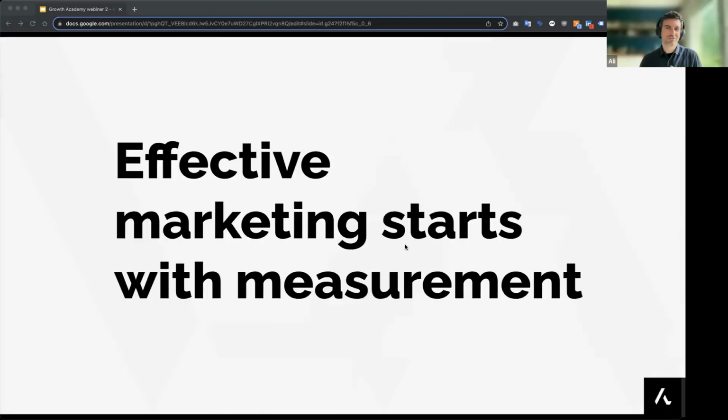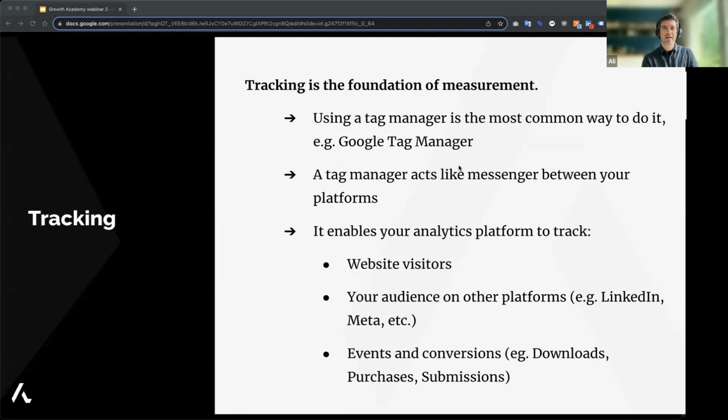Okay, thanks, Konsta. So I think when we talk about marketing and especially advertising, we can rule it that effective marketing starts with the measurement. So without measurement, we cannot improve, we cannot make things effective. And the tracking is the foundation of measurement. The most common way usually is to use a tag manager.